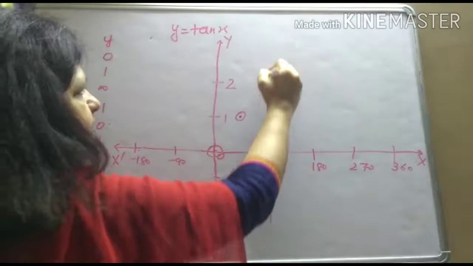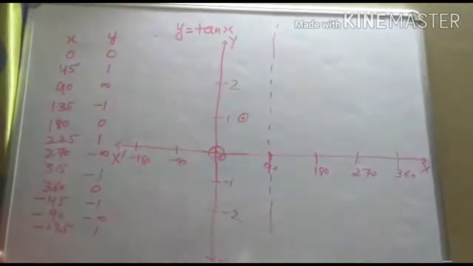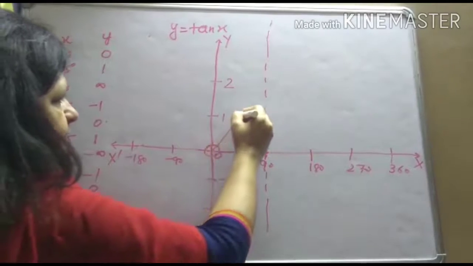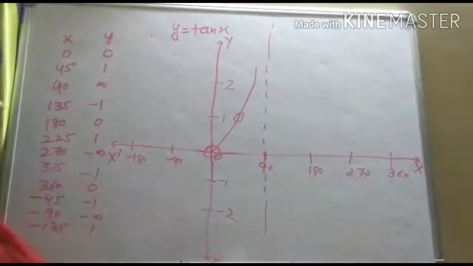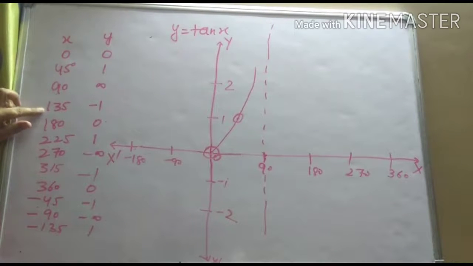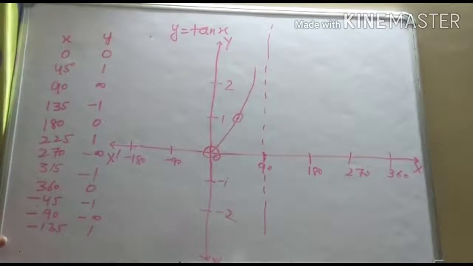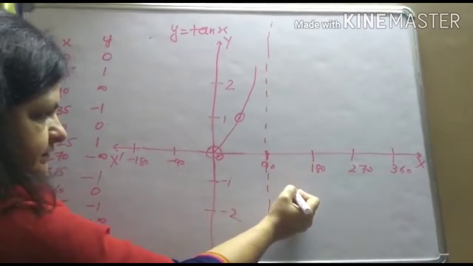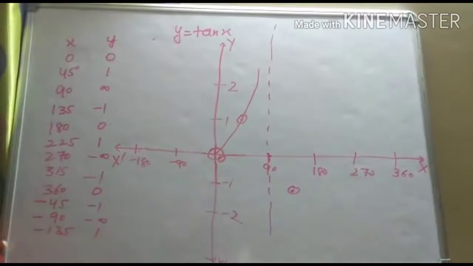So we can represent it by dotted line. So we can draw it like this. Now, 135 is minus 1. Somewhere here, this minus 1.